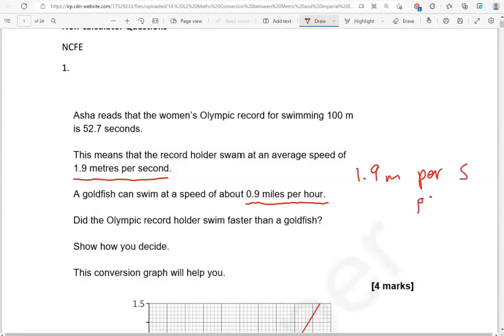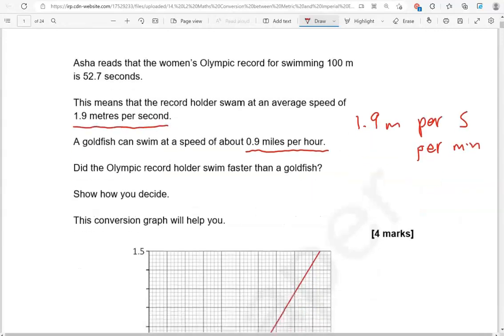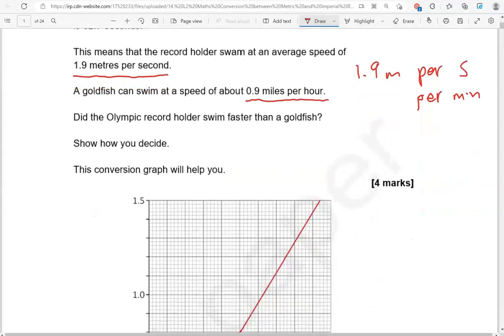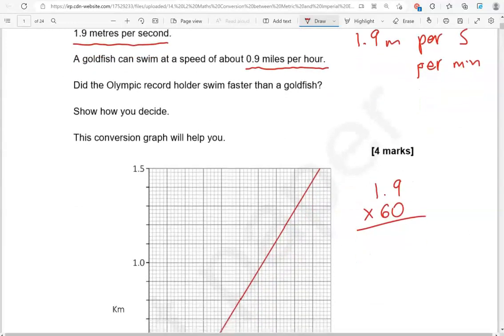So 1.9 meters per second. To get the number of meters per minute, we need to multiply this by 60, because if they can do 1.9 meters in a second, in a minute they will do 60 times that. So what I'm going to do is 1.9 times 60. So 0 times 9 is 0, 0 times 1 is 0.